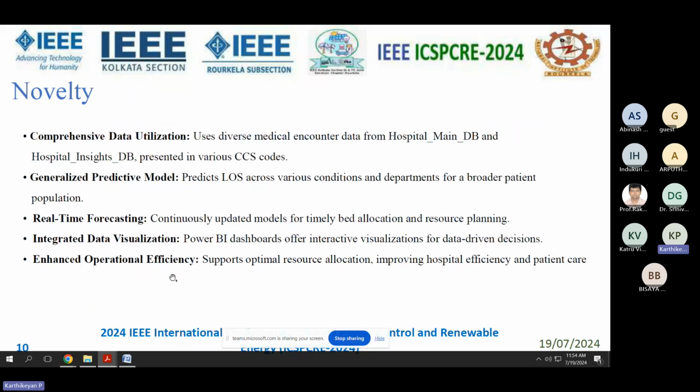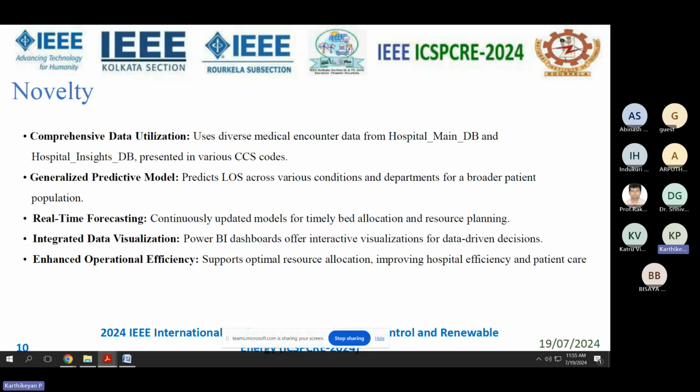Next, our main novelty. Our literature survey showed that hospital studies focus on various departments, on ICU patients, and on the COVID situation. Here our main novelty is that we used CCS codes, where CCS stands for Clinical Classification Software. For example, when patients have diabetes, we generally just say diabetes, but diabetes has various types: type 1, type 2, and type 3.